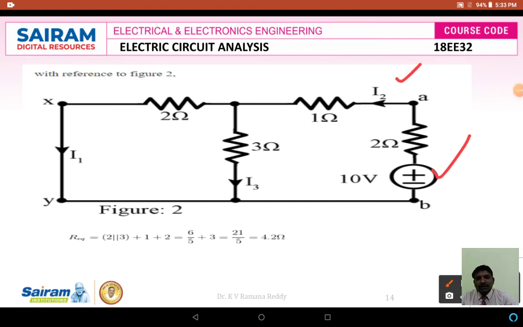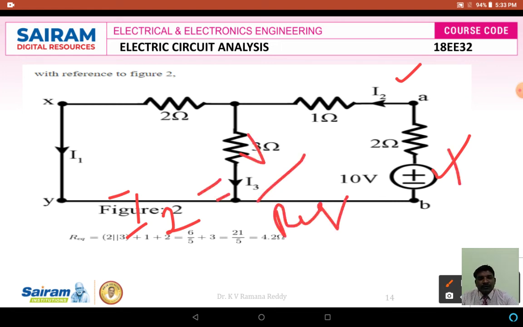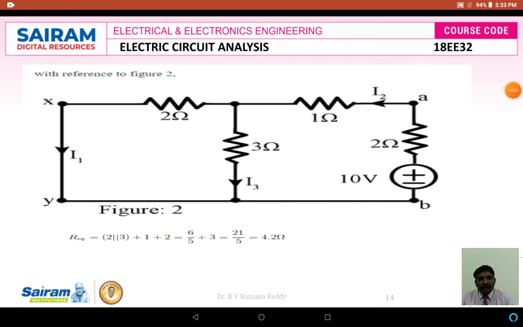I2 is equal to total voltage V divided by R equivalent. V is 10 volts. Then what is R equivalent? How to find the R equivalent value here, according to the currents given in figure 2?